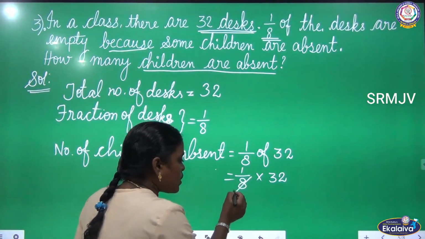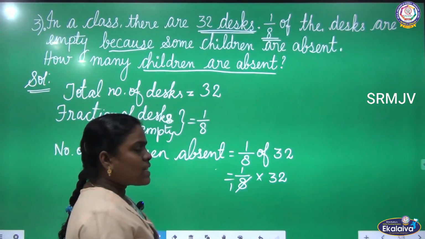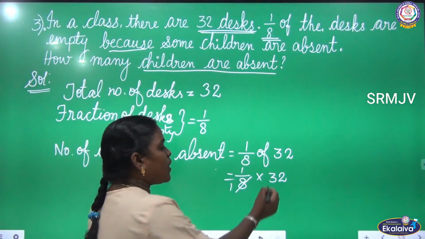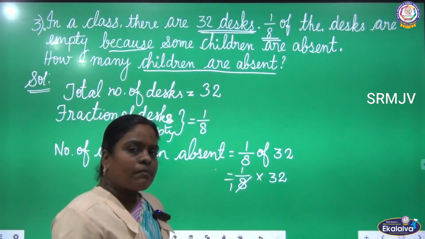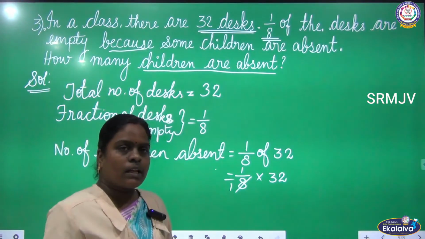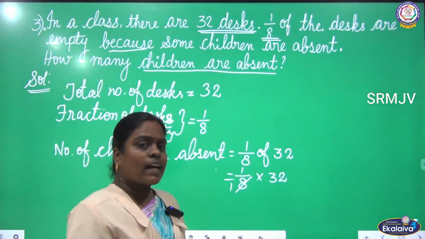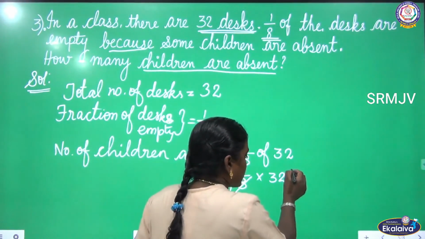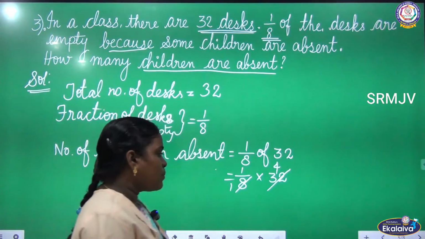Cancel the number by using the 8 table. 8 ones are 8. When will you get 32 in the 8 table, children? 8 ones are 8. 8 twos are 16. 8 threes are 24. And 8 fours are 32. So cancel the number 32 and write 4.